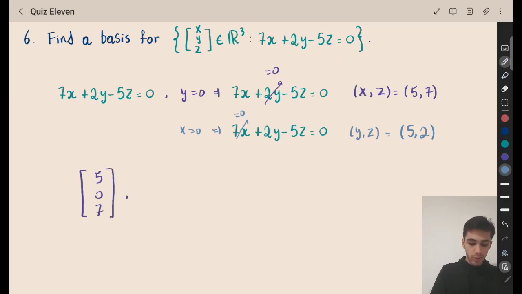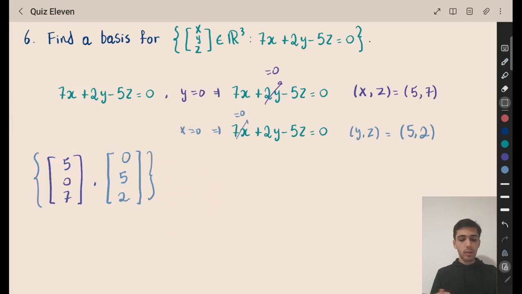And we also have another vector, which is x equal to 0, y equal to 5, and z equal to 2. So these are two vectors. They should form a basis if they're linearly independent.